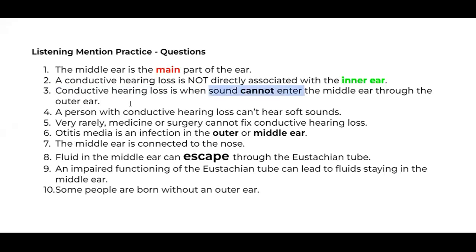But the audio says when sound cannot enter both of them, either the outer ear or the middle ear or both ears. It is not like it first enters the outer ear and then the middle ear. There is no such order mentioned anywhere here. If you listen to the audio again and again, you'll understand this is not mentioned. This may be true, but it is not mentioned in the audio directly or indirectly.